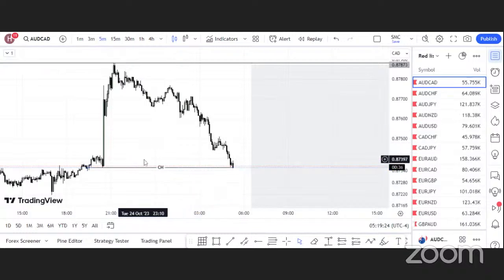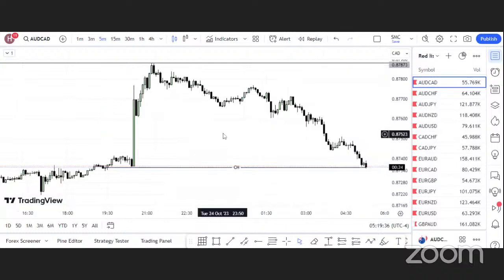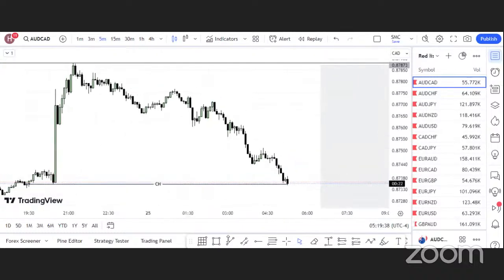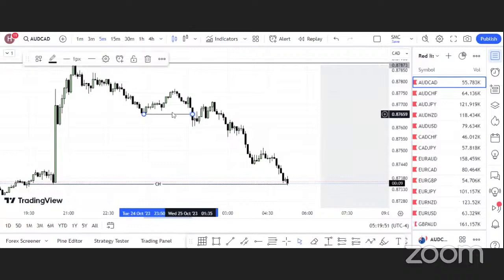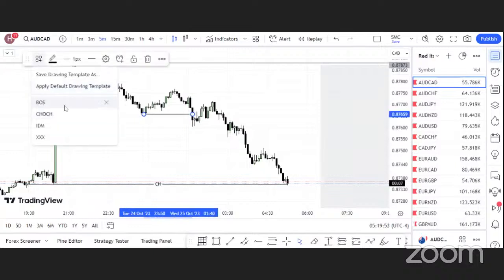So when this low gets broken, we can look for a sell opportunity targeting areas the market hasn't mitigated, right? We have these internal structures. These are break of structures.